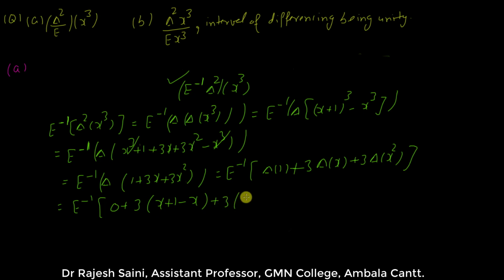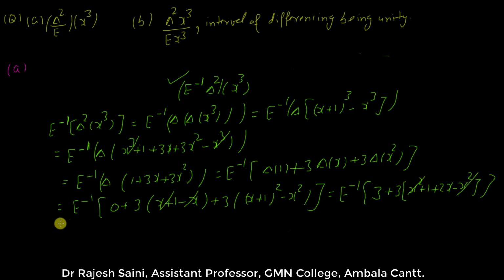Delta of x square is x plus 1 whole square minus x square. Fine. X square to x square will cancel out. This will be E inverse, 3 plus 3. Now open the square, x square plus 1 plus 2x minus x square.